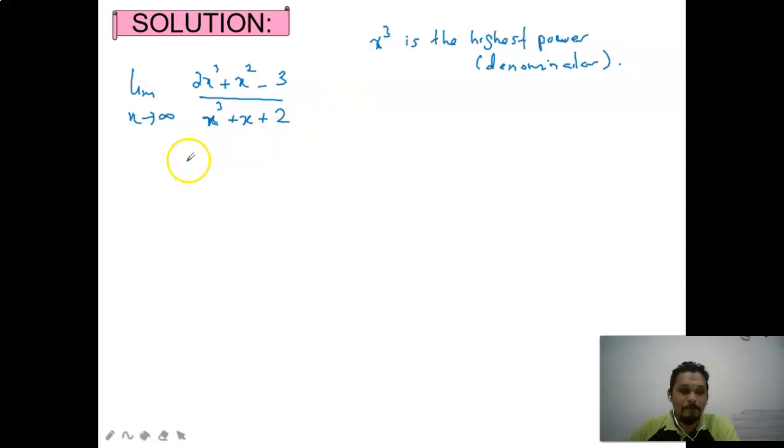Okay, so now we are going to divide every single term by x to the power of 3.